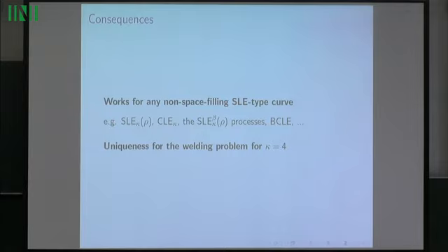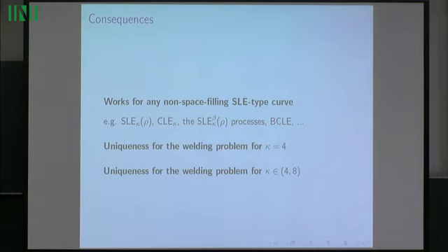So if we believe in that part, then it gives you that this critical welding is well defined. Since it also works for kappa between 4 and 8, it gives us a new proof of the uniqueness of the welding problem, and this uniqueness is stronger than the uniqueness in the sense of mating of trees, because for example, for the mating of trees, they have a way of gluing which is from one side to the other.